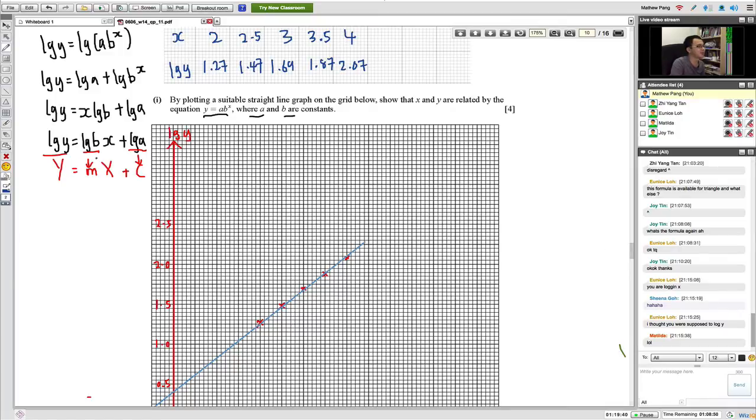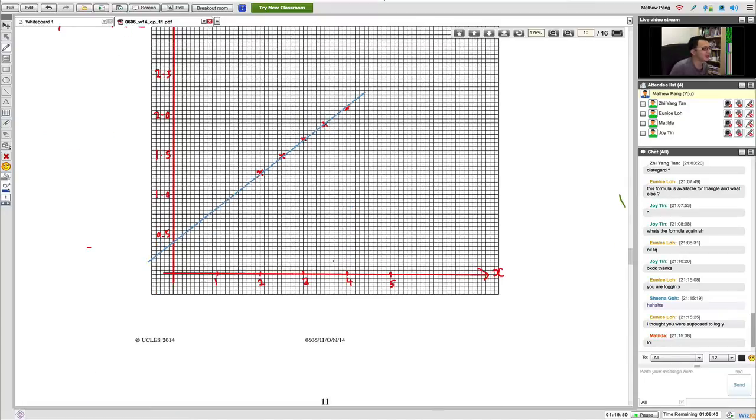I find the y-intercept first because it's easier from my straight line here. My y-intercept is log A. So my log A over here, I assume is 0.4. This one is log A, it's not A equal to 0.4. If you write A equal to 0.4, you will be wrong.